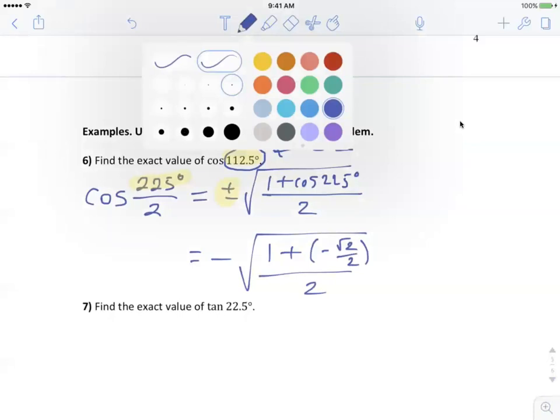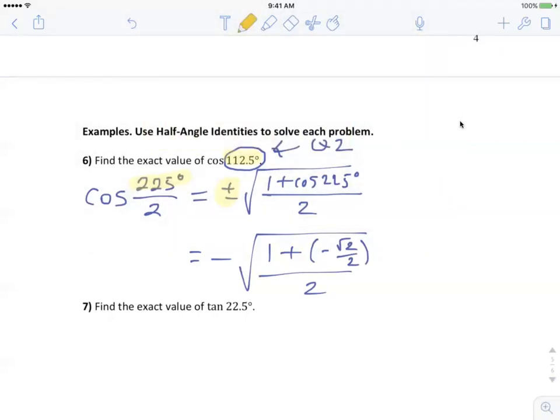I'm going to multiply top and bottom by 2 because that's going to cancel out that 2 in that denominator right there when I distribute.